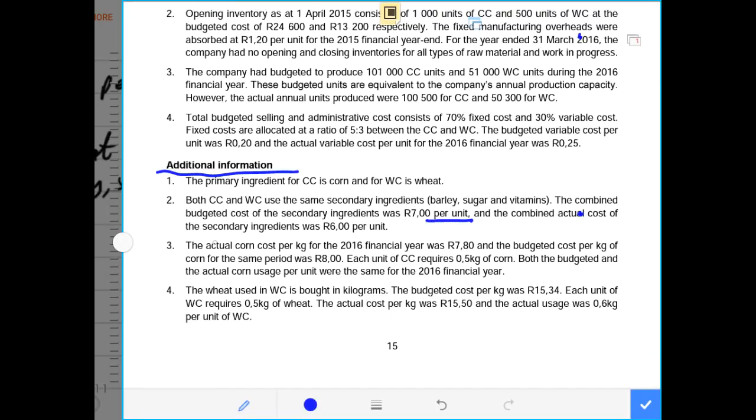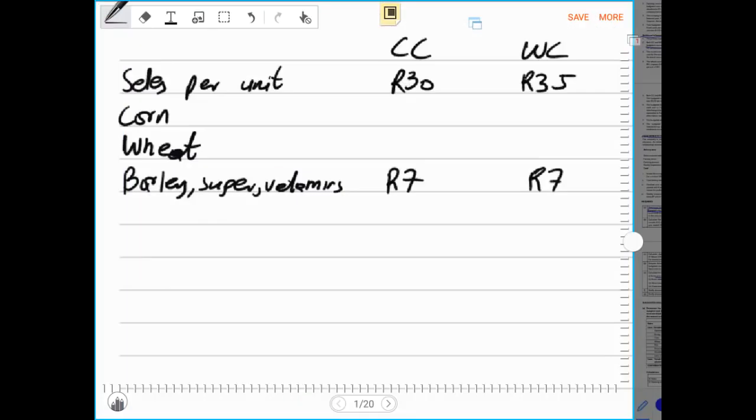Then after, they say the actual cost of the secondary ingredients was 6 rand. This will be important for the analysis of the variance. As I said to you, this information is based on budgeted information per unit.